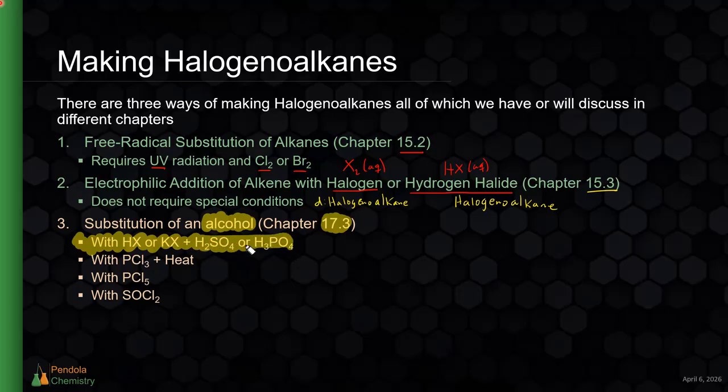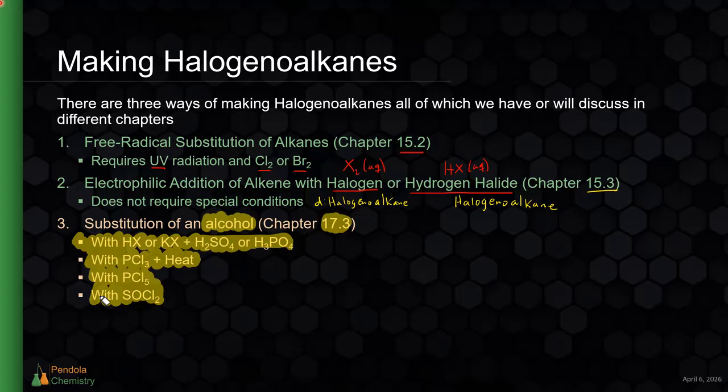We'll also in 17.3 see the reaction of alcohols with PCl3 and heat, which would also turn it into a chloroalkane. The reaction of alcohols with PCl5, which will turn into a chloroalkane as well. Or the reaction with SOCl2, which would also turn into a chloroalkane.